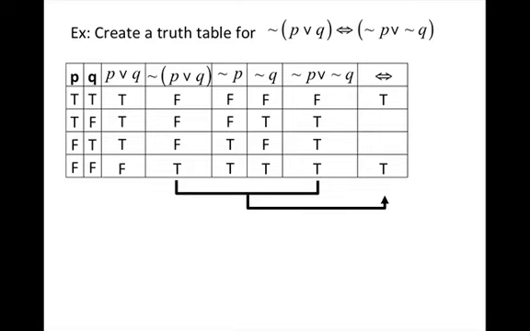In the last row, they're both true, so my biconditional will be true for the final row. In rows 2 and 3, these 2 columns have opposite truth values, so my biconditional is false. So for the biconditional, compare the columns for what comes in front of it and what comes after it.